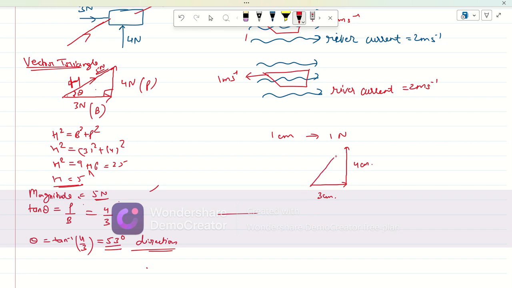You will join these two lines and then measure this length. This length will come out to be 5 centimeter, and we know that 1 centimeter is 1 Newton. So 5 centimeter will represent 5 Newton, and you can measure this angle theta using a protractor. So there are two ways: the calculation method and the scale diagram.